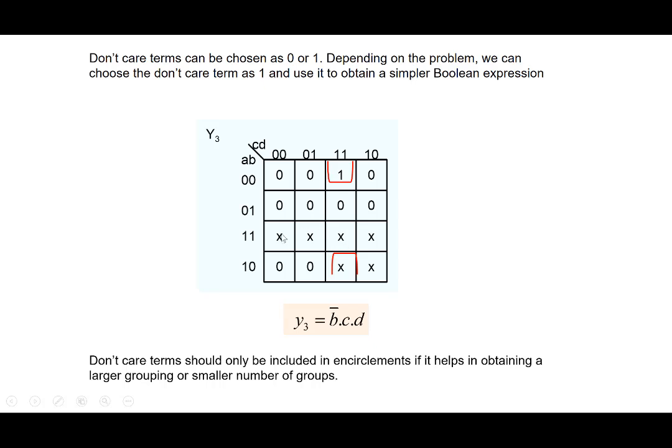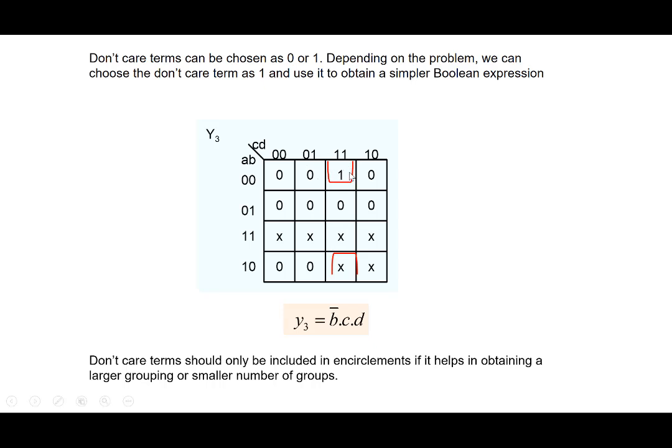Now you may be thinking, why don't we convert all these X's into 1? Well, if you convert all these X's into 1, then you will get another term, but that would complicate things here. So remember, the goal is to cover all the ones. The goal is not to cover X, the goal is not to cover 0, but all the ones that are there on your K-map, with as few terms as possible and with as simple terms as possible.